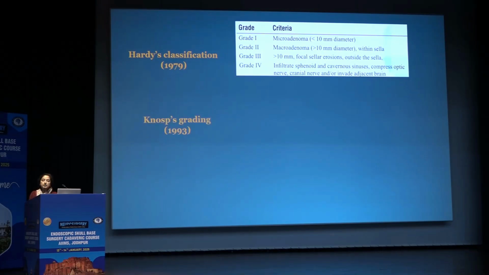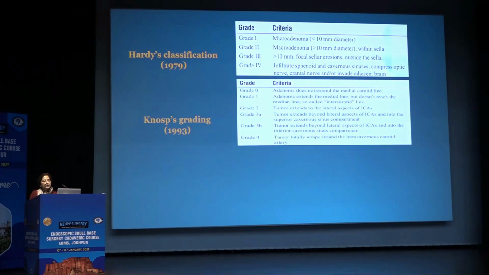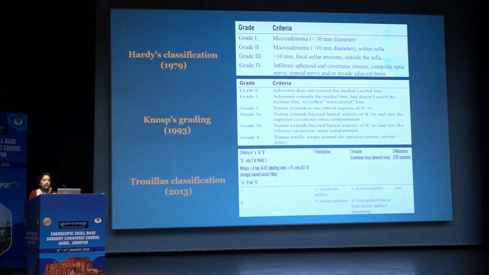Then in 1993, we had the grading which divided pituitary adenomas into 6 grades, and this was dependent upon the cavernous sinus invasion. Then in 2013, we have Trouillas' classification, which divided the tumors into 5 grades, 1A, 1B, 2A, 2B, and 3, and this was based on the imaging findings, the surgical findings, and the proliferation markers.